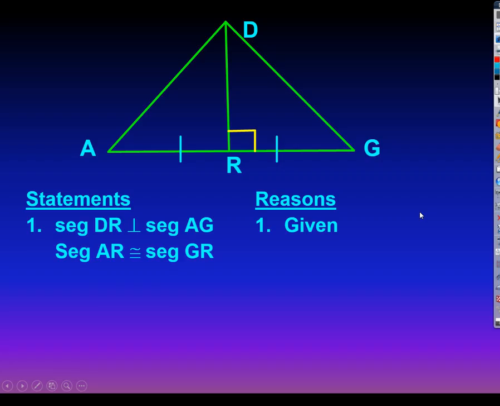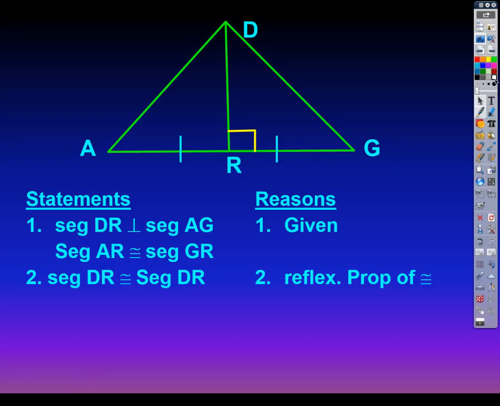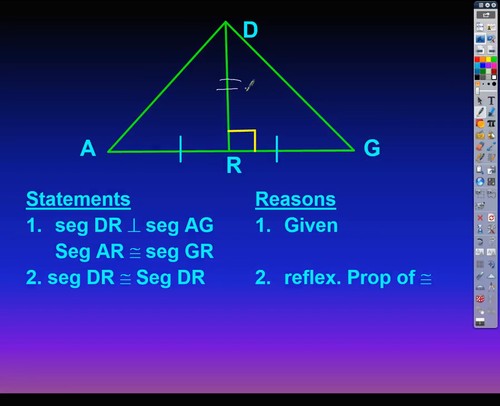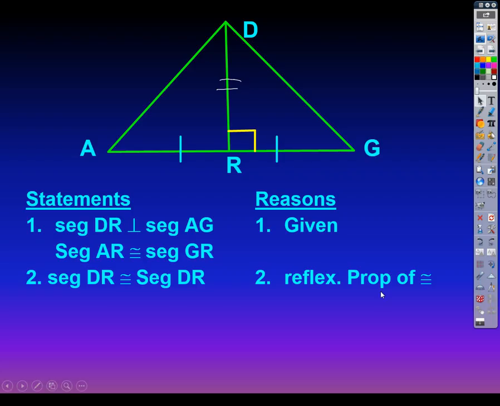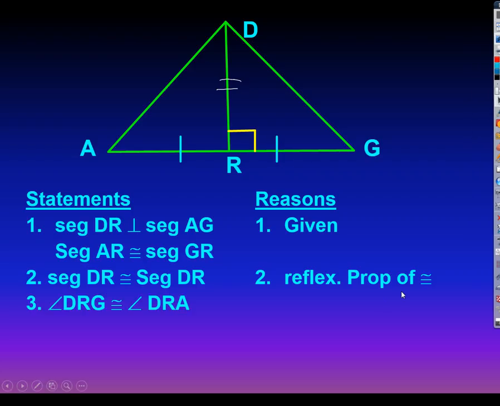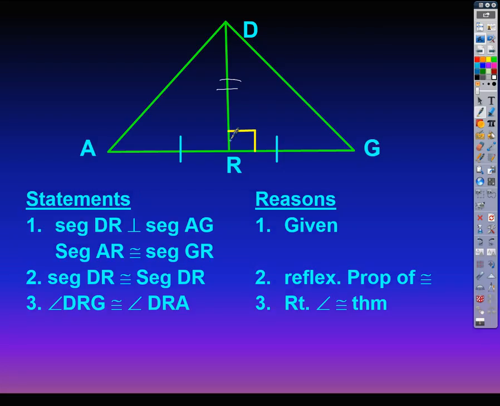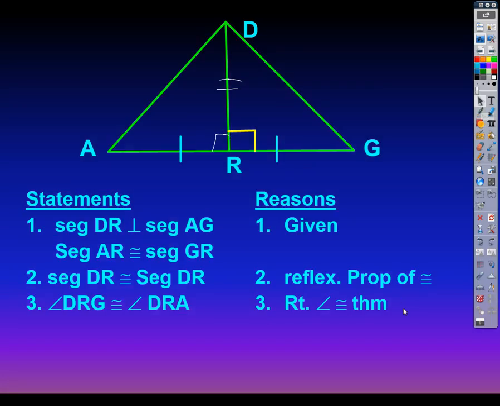I know that they share a segment, so by the reflexive property, I can say this. And then I know that all right angles are congruent by the right angles theorem. That's one on our purple sheet. So I can add that. And then I got it. My side angle side.